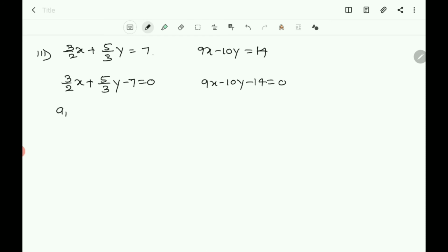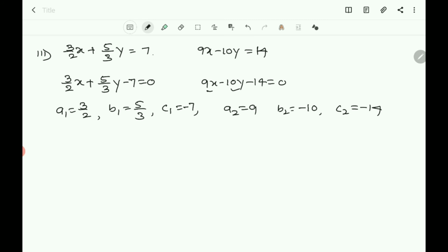So here a1 is 3 by 2, b1 is 5 by 3, and c1 is minus 7. And here a2 is 9, b2 is minus 10, c2 is minus 14.